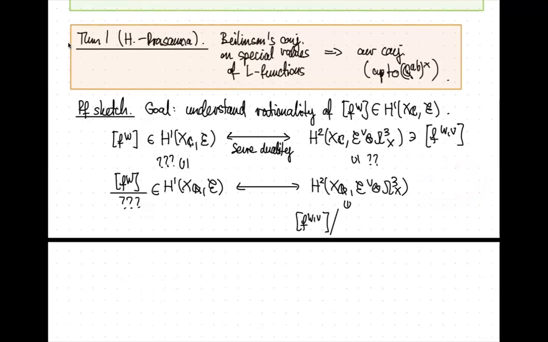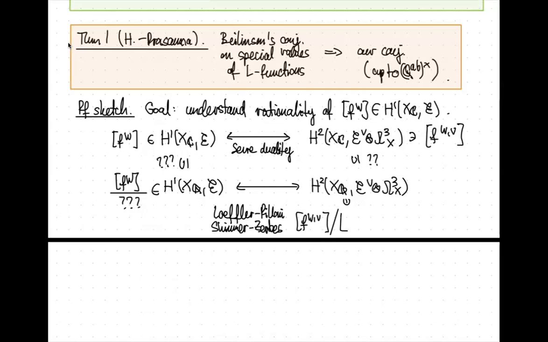This will have something to do with the L function of pi already. Here, I'm going to refer to work of Loeffler, Pilloni, Skinner, and Zerbes, although maybe these ideas go back to Michael Harris in a slightly different way.